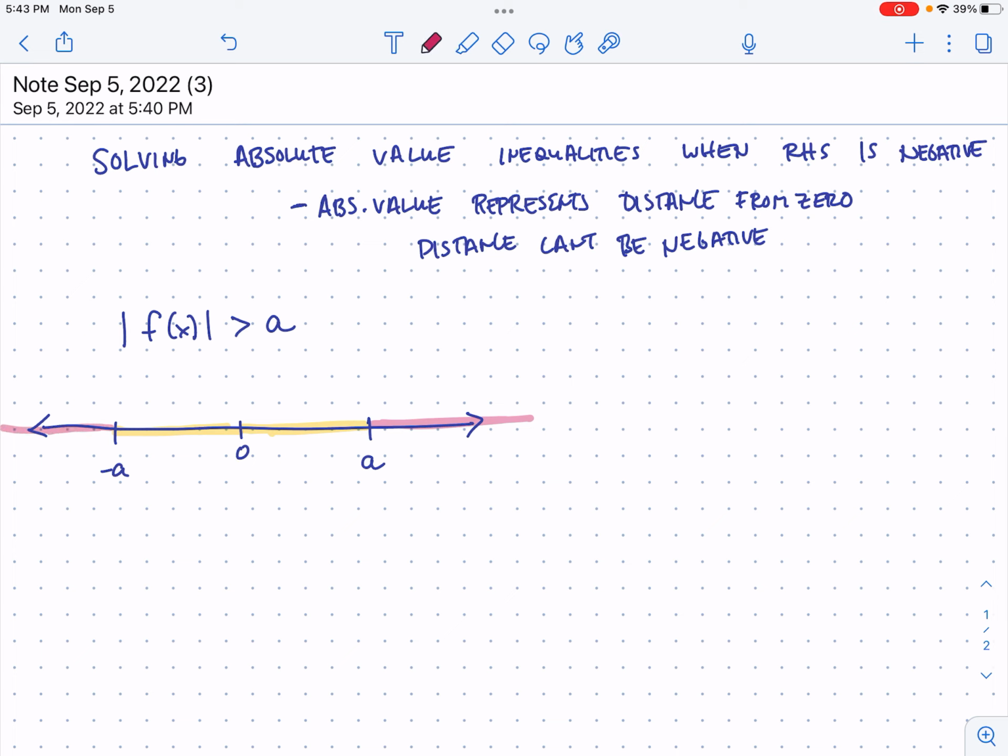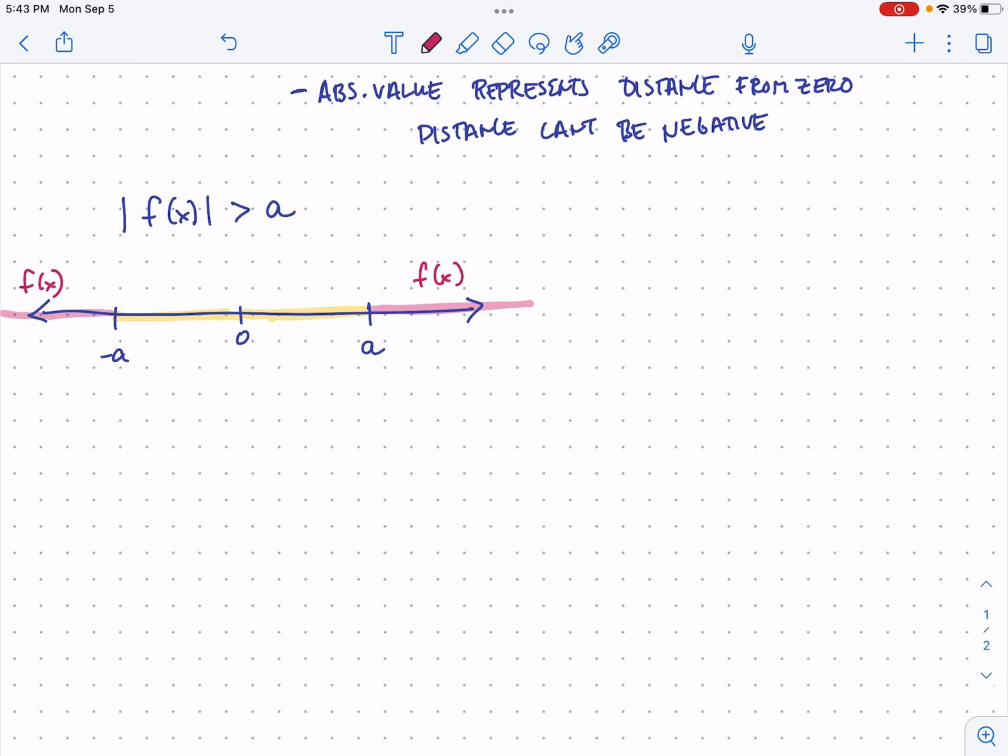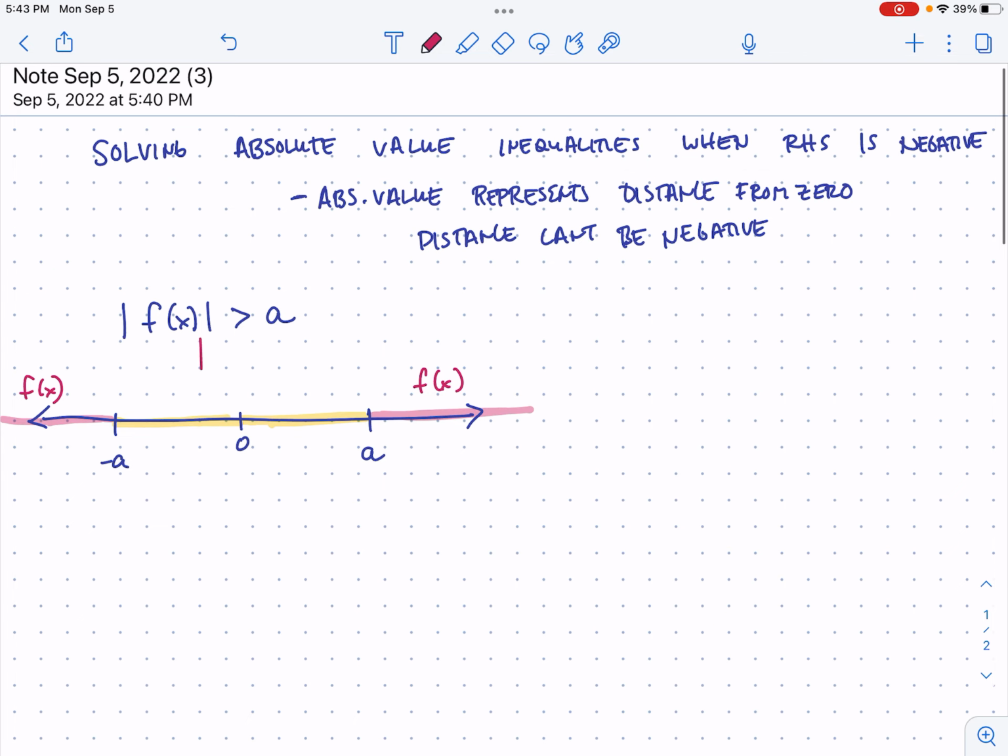That's the only way for it to have a distance greater than a. So this translates into two inequalities. f of x is bigger than a, or f of x is less than negative a.